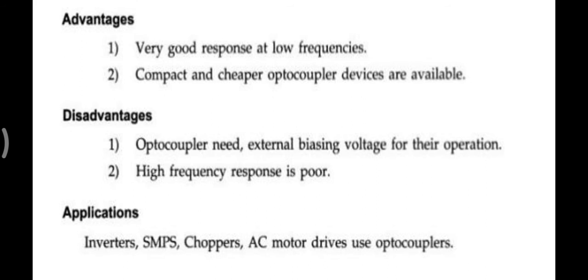Because if there is no pulse signal or no triggering circuit, operation of the entire circuit will not be possible. So for that purpose, isolation is very important. Here isolation is done by using two methods: one is the pulse transformer, and the second is optocouplers.